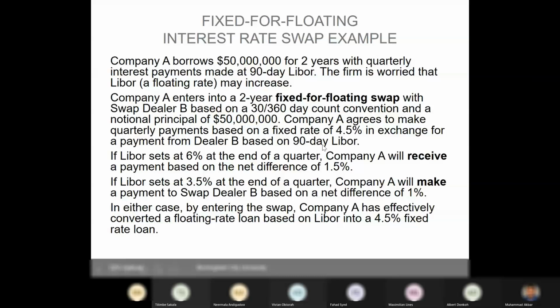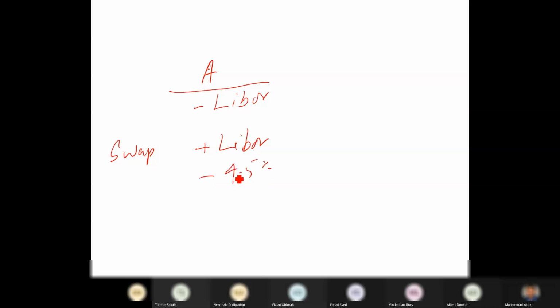Okay, so if I just write it here, have a look. Let's suppose this is company A. Currently, it is paying LIBOR, so I'll just write LIBOR. It is entering into a swap where it will be receiving LIBOR, and it will be paying a fixed 4.5%.